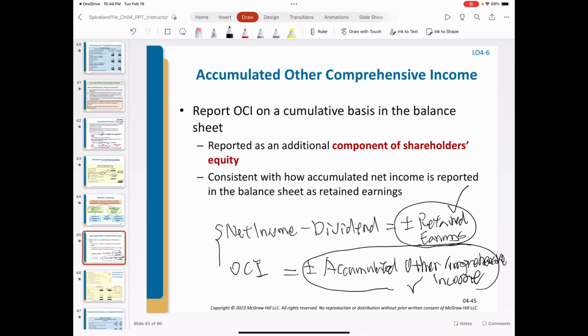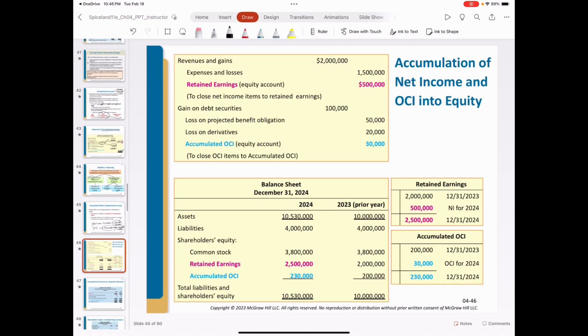While in the statement of comprehensive income, we report these two. So here is an example. In the statement of comprehensive income, we include the company's earnings, that's from income statements, other comprehensive income, $30,000.